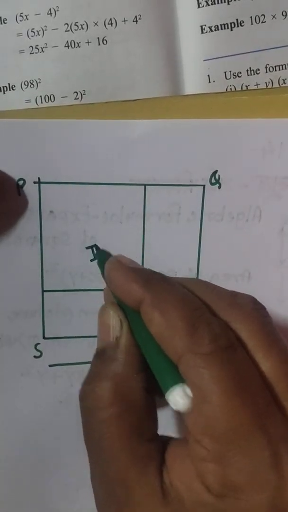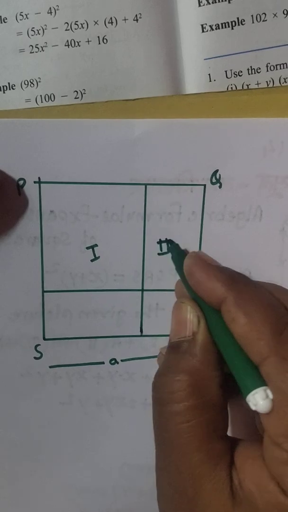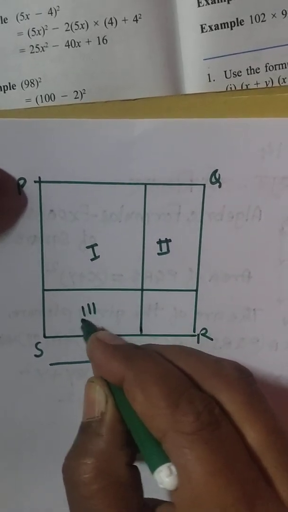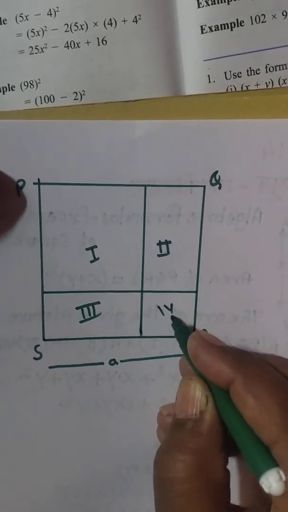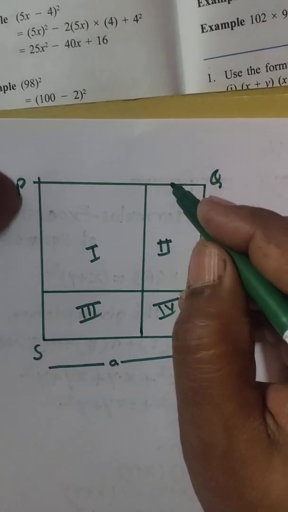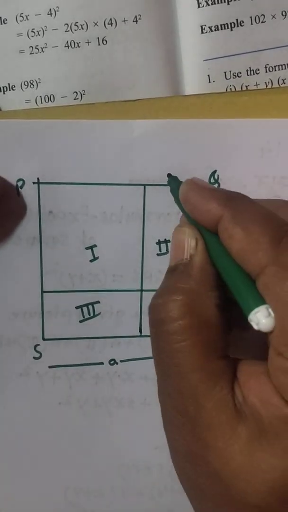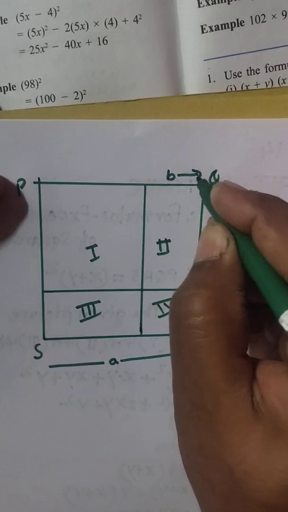Let us consider this is the first part, this is the second part, this is the third part, and this is the fourth part. While let us consider this is B.